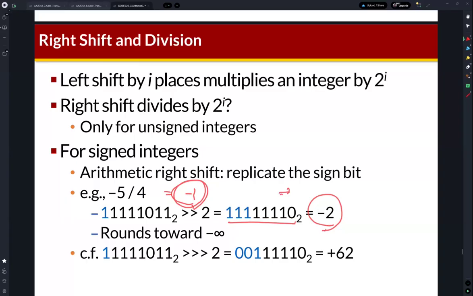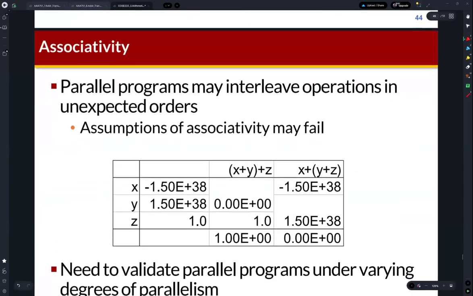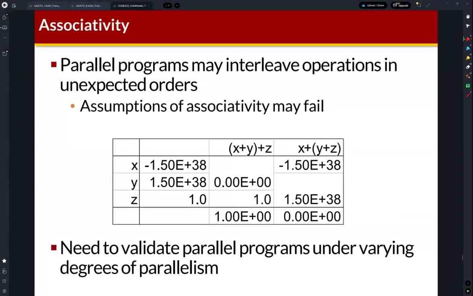Okay, and then another error can be generated by associativity, right? This problem is caused by the limited representation of floating point numbers. In the real world, (x + y) + z is equal to x + (y + z).